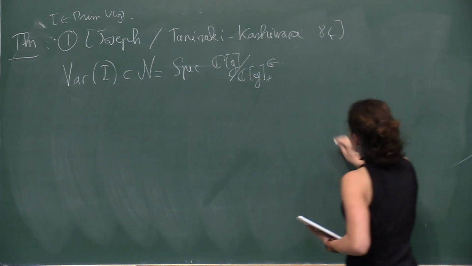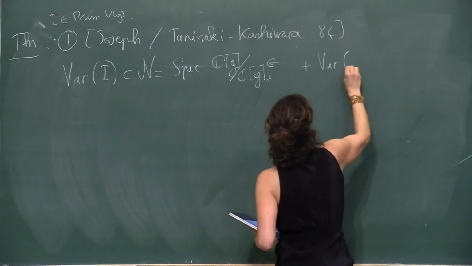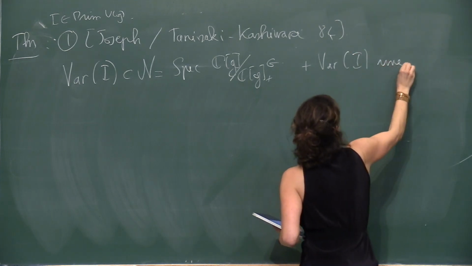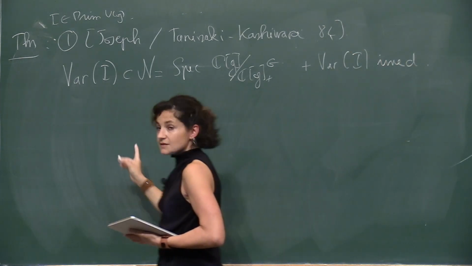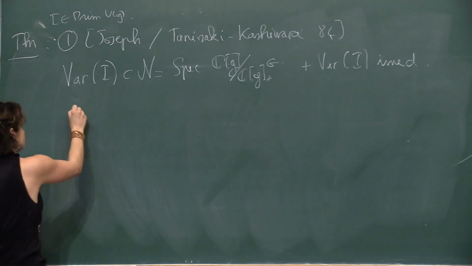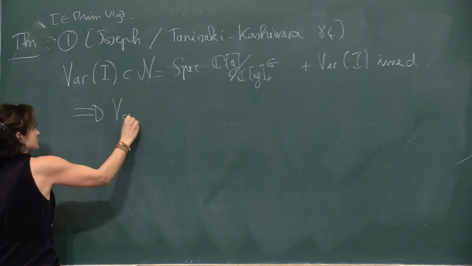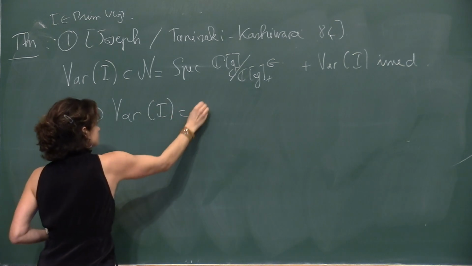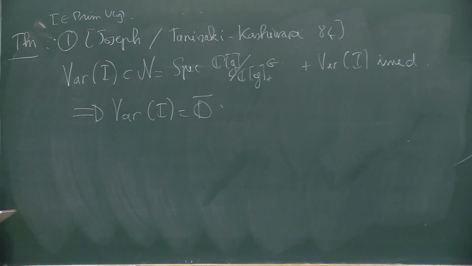But the strong part says that this is irreducible. So as a consequence, this is the closure of some nilpotent orbit. All right, so this is the first result I wanted to recall.